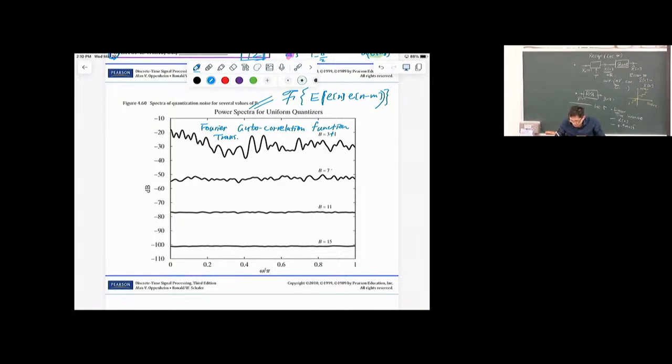When we use more and more bits, at least for this example, we see that with sufficiently many bits the spectrum indeed starts to look flat, and that is exactly the characteristic of white noise. So in the frequency domain, this is the way we can take a look. All right, any comment here?